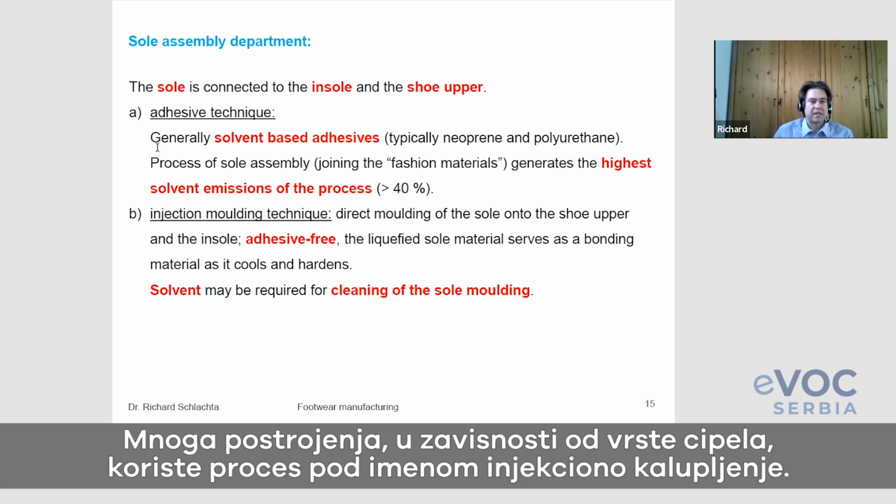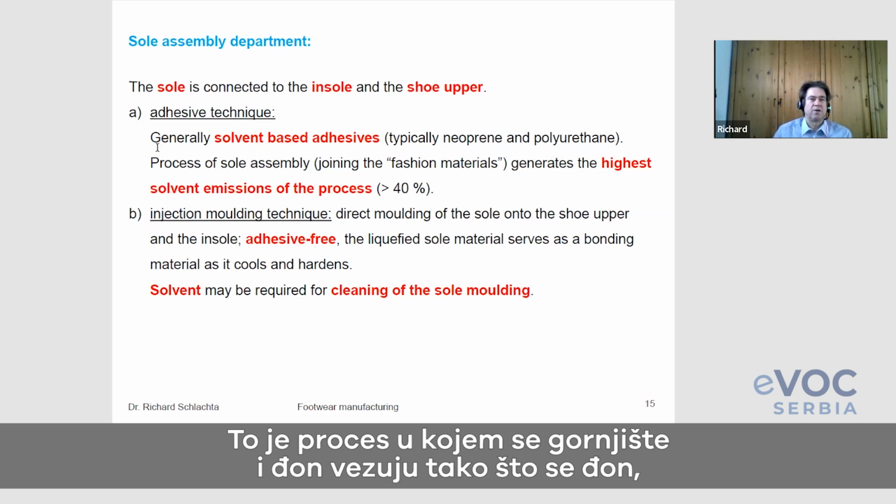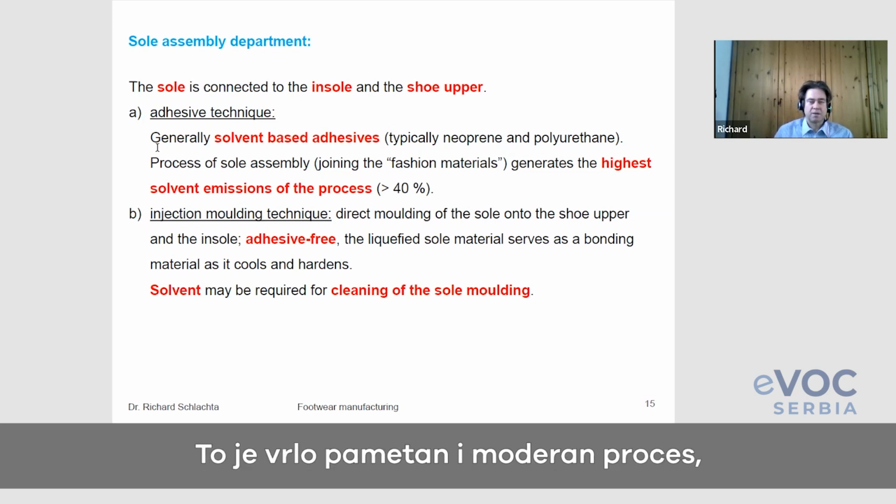Meanwhile, in many installations, depending on the type of shoes, of course, the so-called injection molding technique is used. What does it mean? That is the bonding of the upper part and the sole, where you produce the sole in the same moment as the assembly. It's an injection process. I think that is a very smart and very modern process.